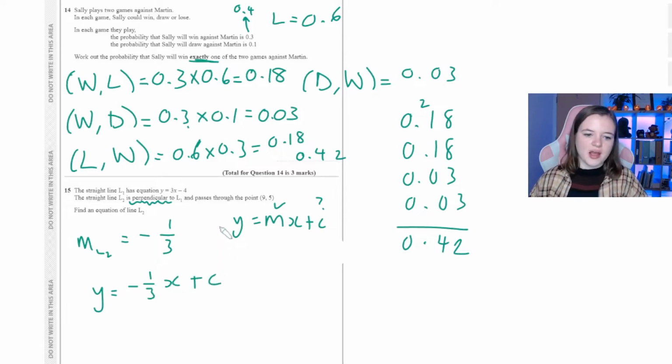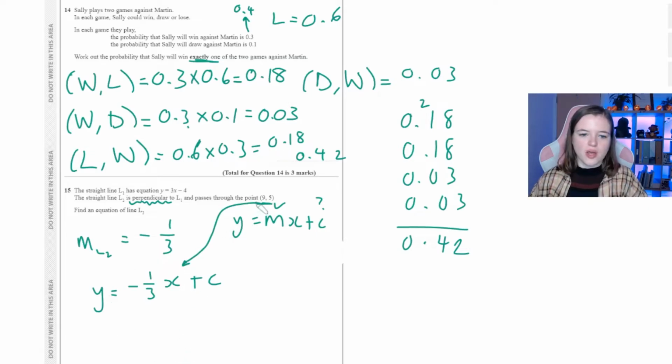Now I've got 3 unknowns, y, c and x, and that is no good. I can't do anything with that. So I need to get rid of 2 of these, and I can get rid of y and x using this point right here.